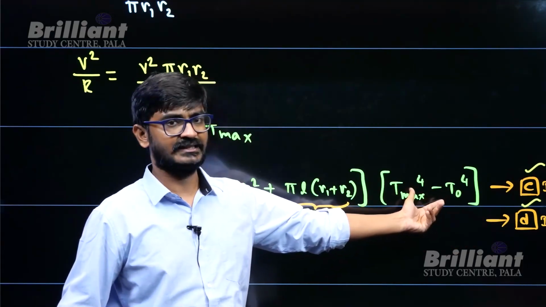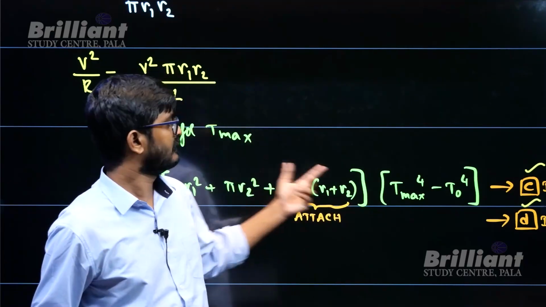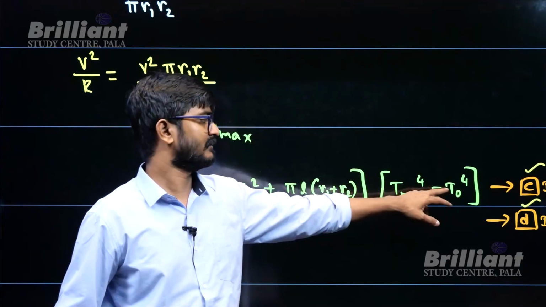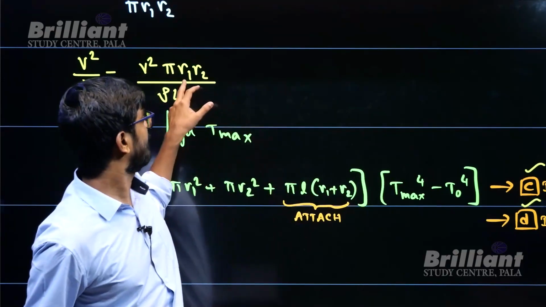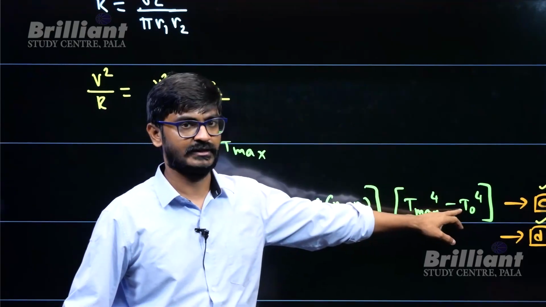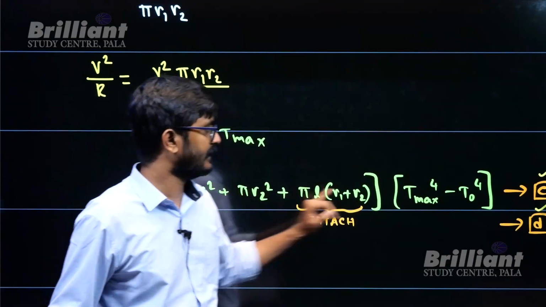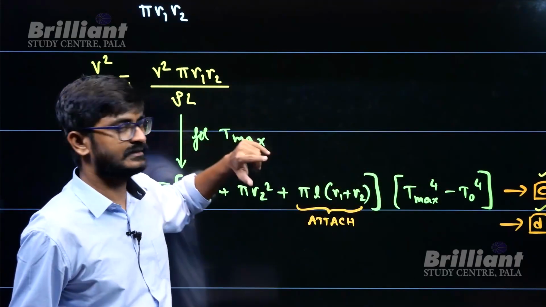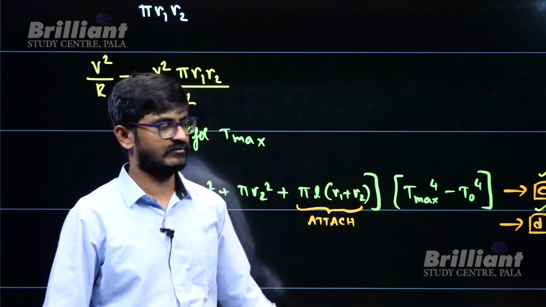This is the net energy emitted, that is body energy minus that from the surface. Or you can do one thing: the energy taken from the current plus the energy taken from the surroundings, sigma A T naught to the power 4. This plus sigma A T naught to the power 4 equals sigma A T max to the power 4.